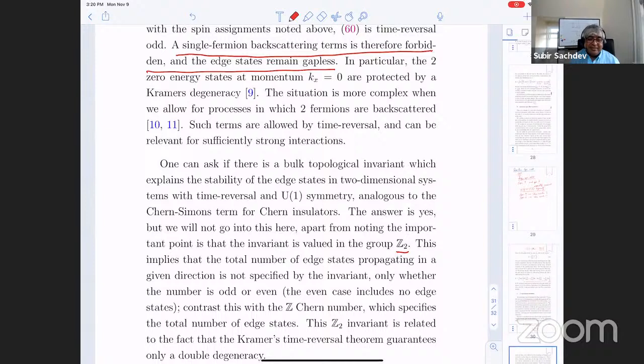So in one dimension, it's not sufficient to have time reversal symmetry, but if you have a particular particle hole symmetry, then that also turns out to have a Z2 invariant, and you get protected edge states. So this is in something called the Su-Schrieffer-Heeger model, which was known 20 years ago or longer. And it wasn't until Kane and Mele that people realized that the Z2 invariant of the SSH model has generalizations in higher dimensions, in 2 and 3 dimensions.